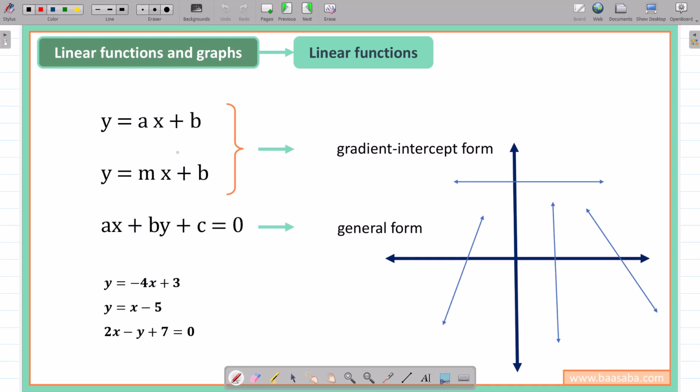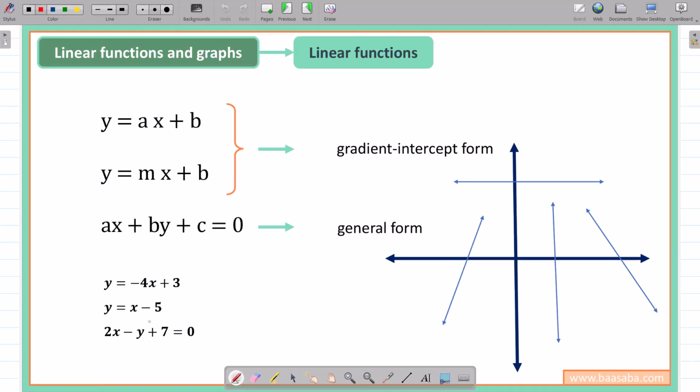The letters can be changed in different videos or courses, but mostly we show the gradient with the letter A or M and the intercept with the letter B. But you can see that here in general form, none of that is true. A, B, or C has different meanings here. Here, C is our constant term, but it is not our intercept.